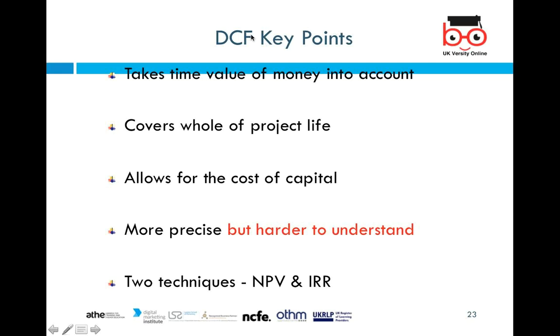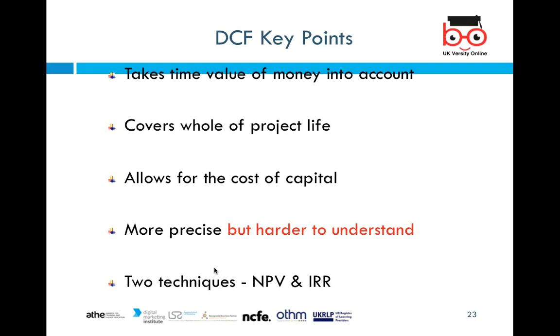It's more precise, more accurate, but harder to understand. For discounting there are two tools and techniques: the net present value and the internal rate of return. These are the two discounting techniques, and then payback and accounting rate of return are the non-discounting techniques. So we are learning 4 techniques here.